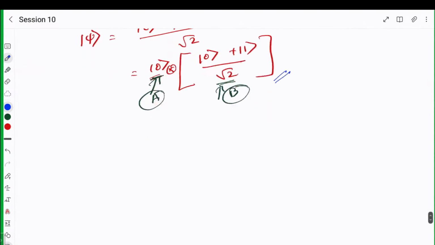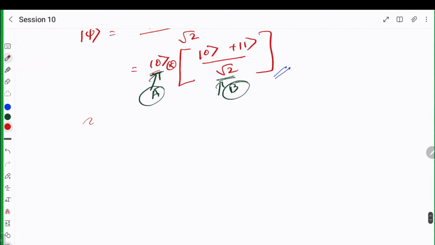There's a review on Bell non-locality by Brunner. The name of the paper is Bell non-locality, and the first author is Nicolas Brunner.